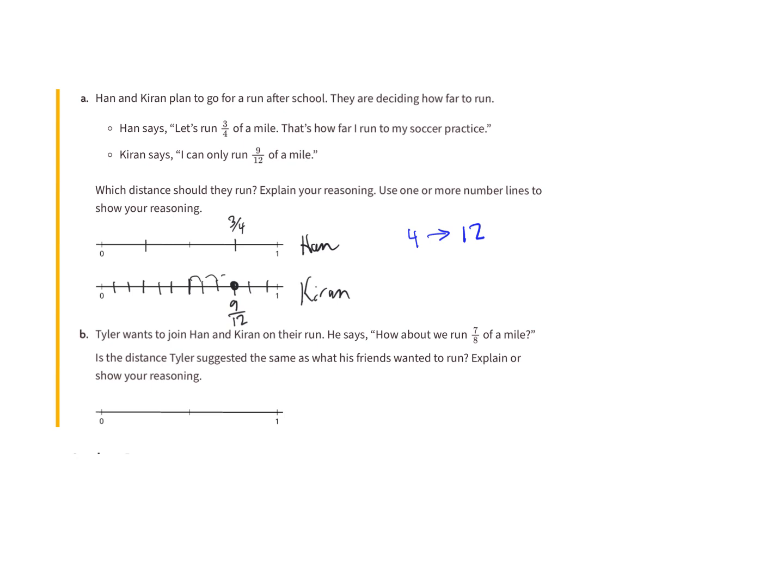So that allows me to think about dividing these into parts. And now I can show that 9/12 would have been 1, 2, 3, 4, 5, 6, 7, 8, 9. So this would have been my 9/12. So I can show that they are the same.